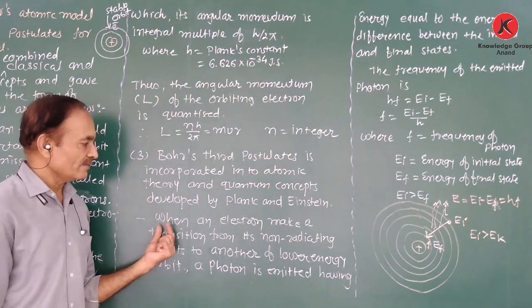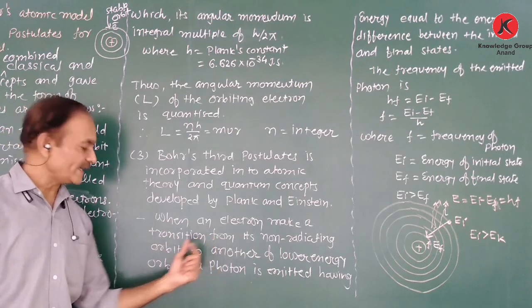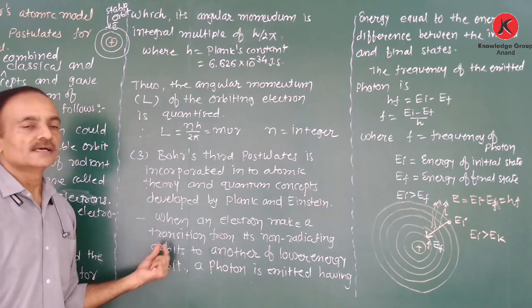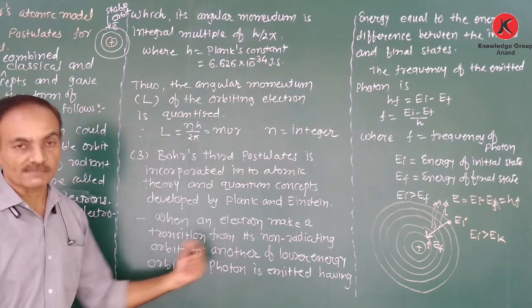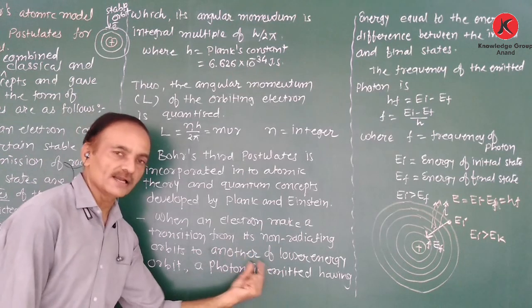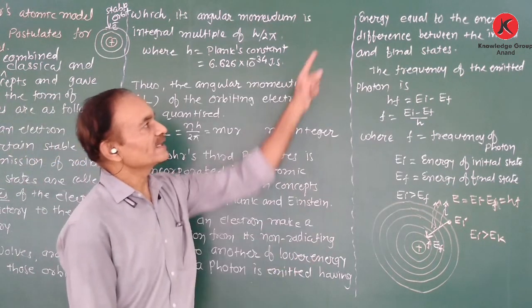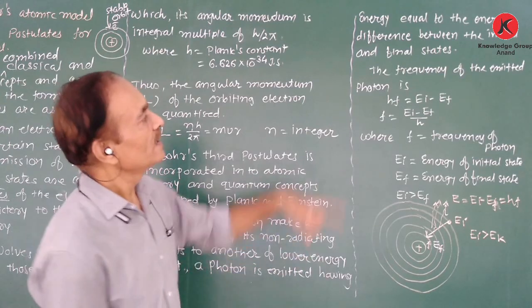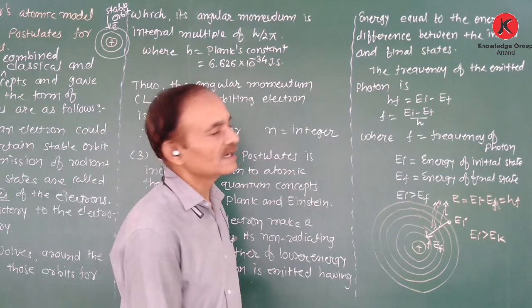When an electron makes a transition from its non-radiating orbit, that means from its stable orbit to another lower energy orbit, a photon is emitted having energy equal to the energy difference between the initial and final states of the orbit.